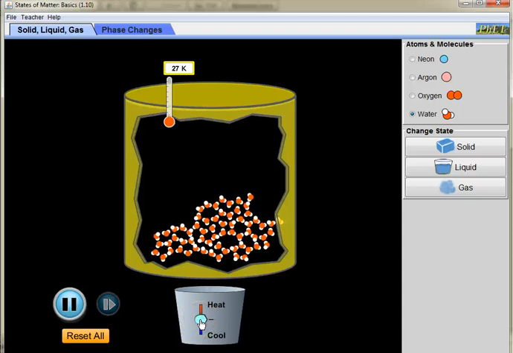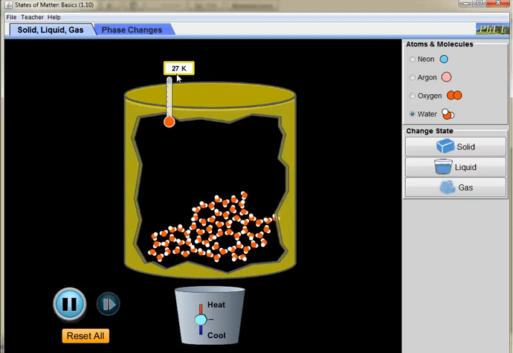What do you think would happen if we take the temperature to absolute zero, to negative 273 degrees Celsius? What should happen if we take the temperature to absolute zero?